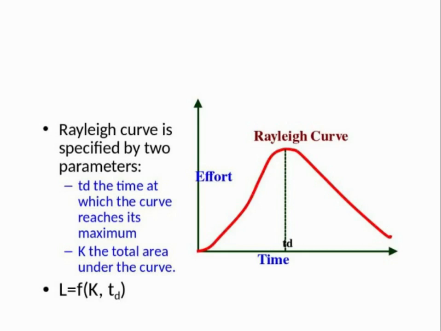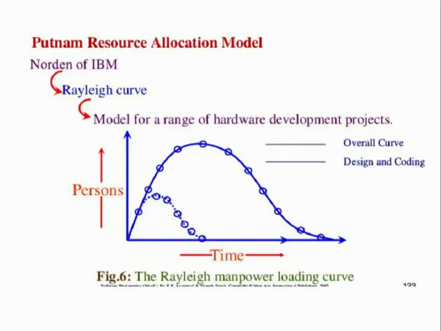The Rayleigh curve says that a very small number of engineers are needed at the beginning of a project to carry out planning and specification. As the project progresses, more detailed work is required, so the number of engineers slowly increases and reaches a peak. Putnam observed that the time at which the Rayleigh curve reaches its maximum value corresponds to system testing and product release.